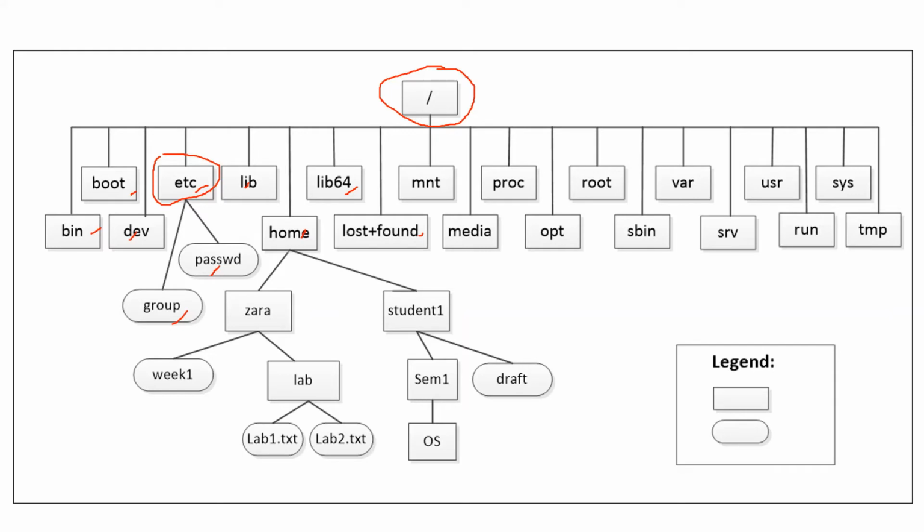Okay, so the ones in square boxes are directories, while the ones in smooth curves are files. Okay, so home for student1, if you can see here, every user's home directory is located under /home. Okay, so we have at the moment 2 users, which are student1 and also Zara.